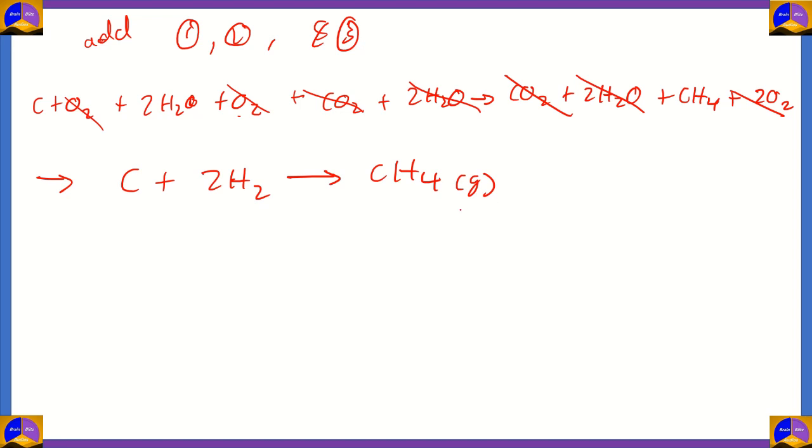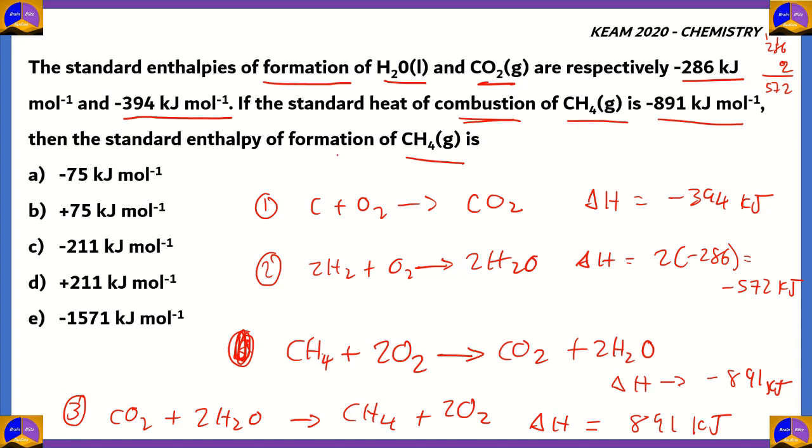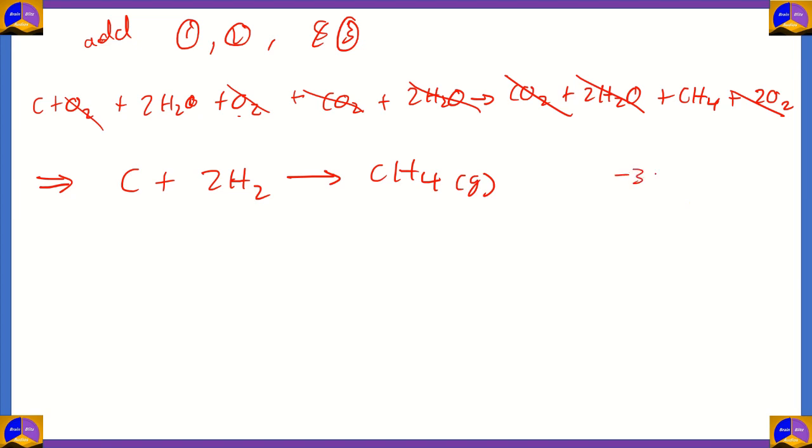So we now have the equation for the formation of CH4. All that remains is to find out the standard enthalpy of formation. So for that, we will be adding up all of these standard enthalpies. So minus 394, minus 572, plus 891.